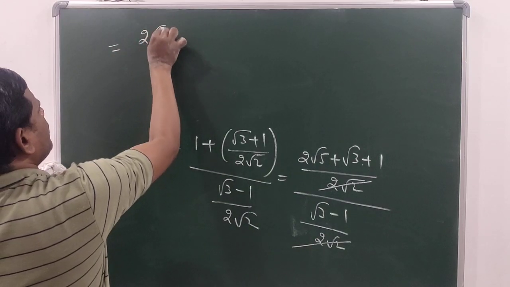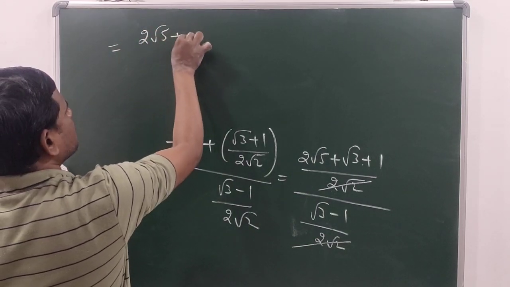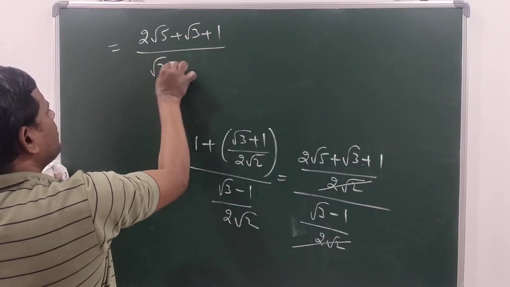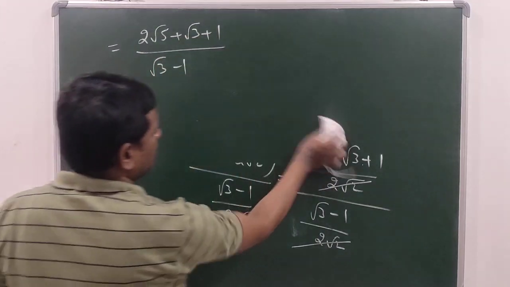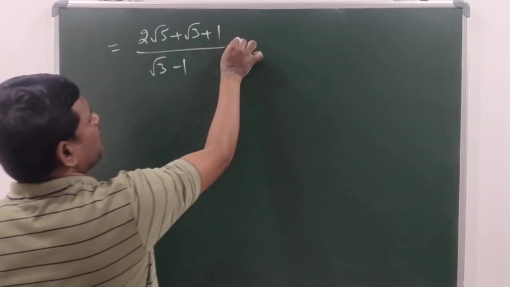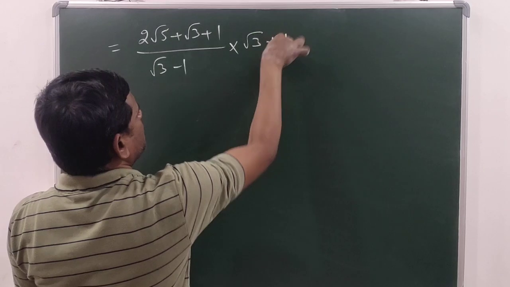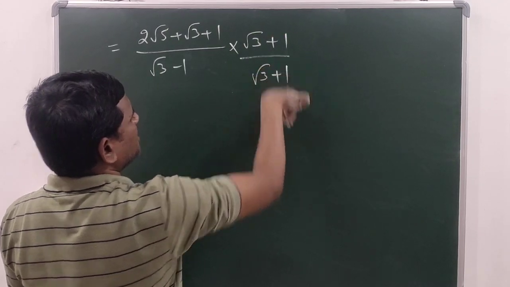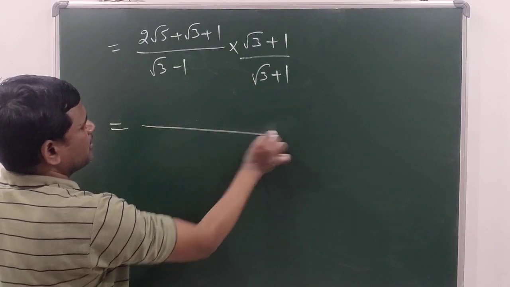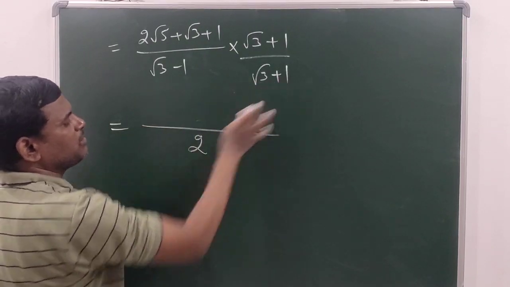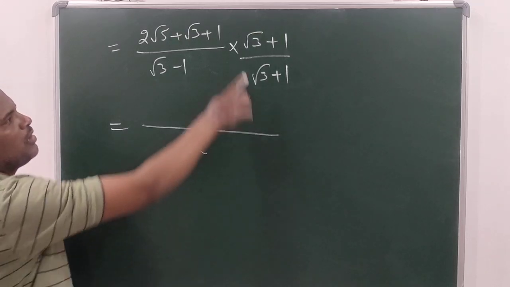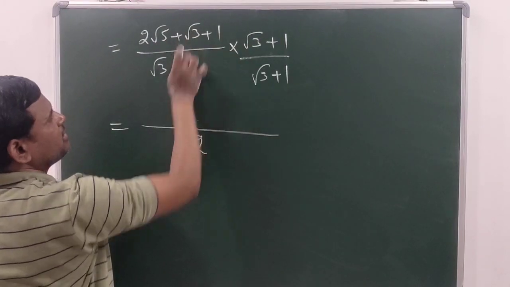Already in the numerator 2 root 2 plus root 3 plus 1 by root 3 minus 1 is there. Now rationalize the denominator. If you rationalize, what do you get here? Root 3 plus 1 by root 3 plus 1. Now in the denominator, root 3 minus 1 into root 3 plus 1, so a minus b into a plus b is equal to a square minus b square, so that you will get 2.